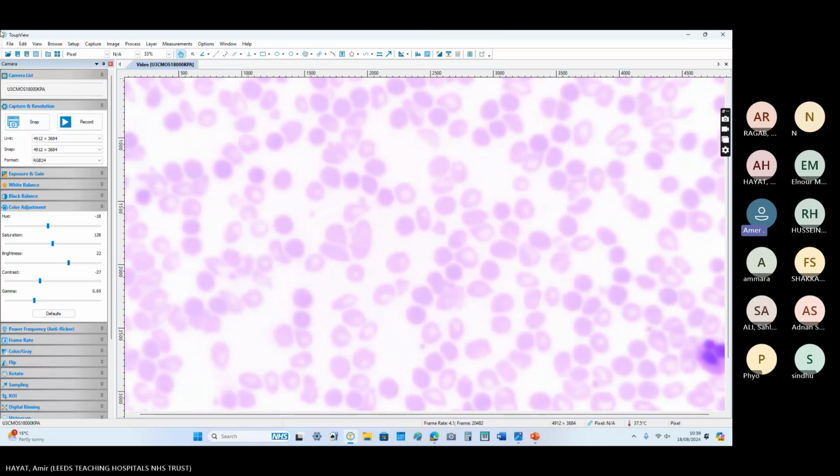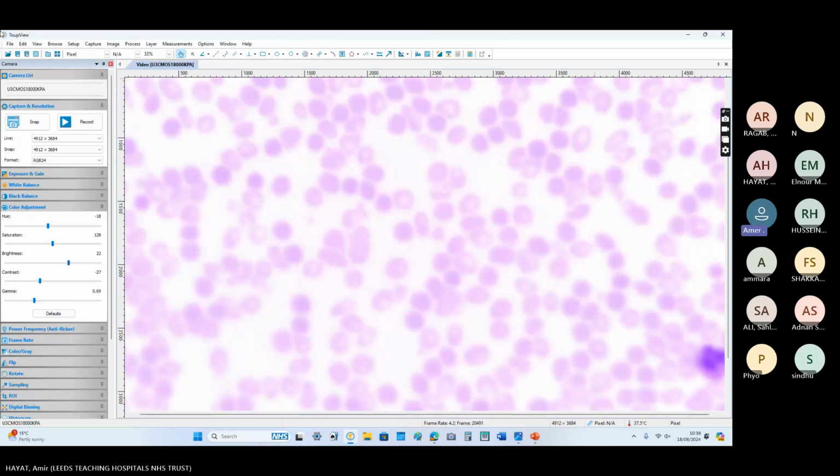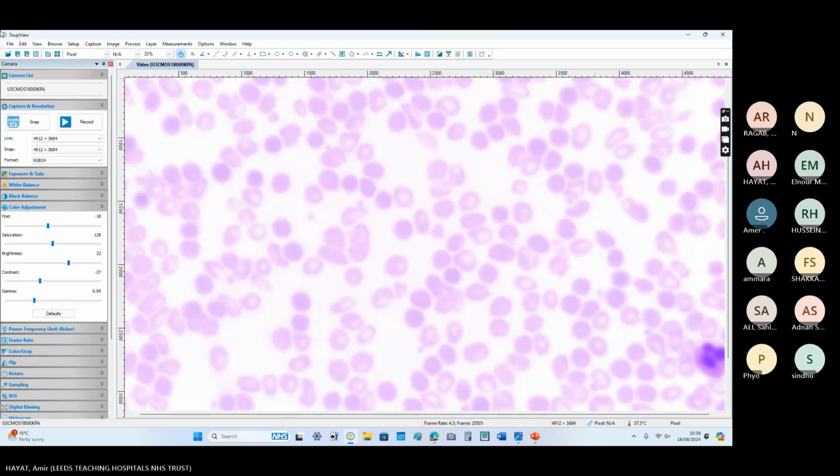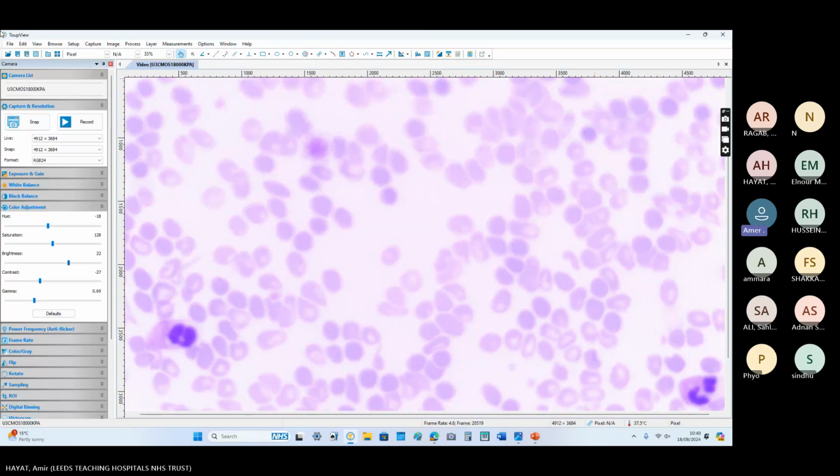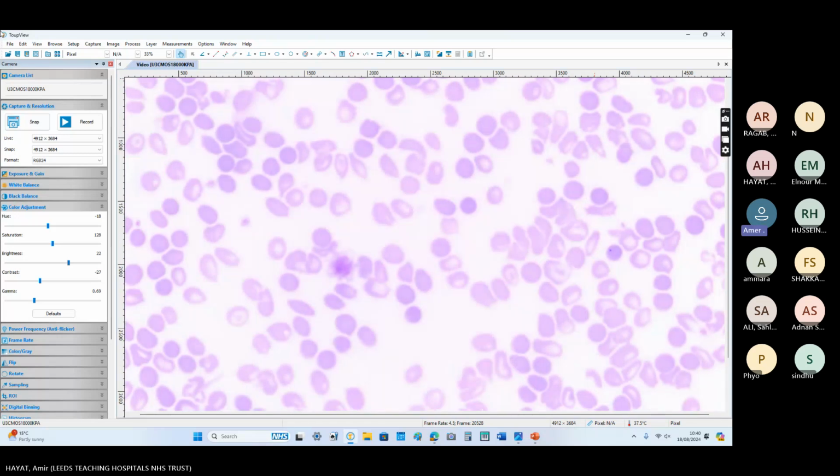On the blood film, you cannot make a diagnosis. Even if you have an APML blood film, you confirm it later with FISH or PCR or bone marrow biopsy.